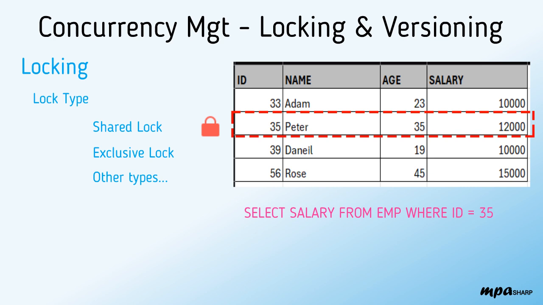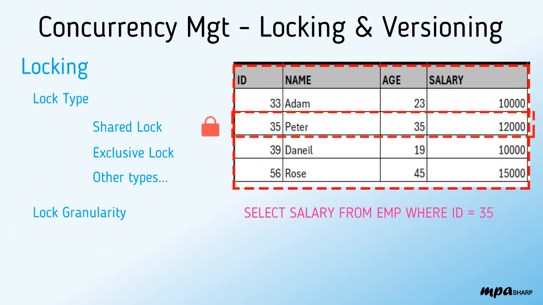Then we need to consider the granularity of the lock. If SQL Server just reads one row, it can just place a lock at row level. But say SQL Server wants to read the whole table, then it needs to escalate or promote the lock to table level.